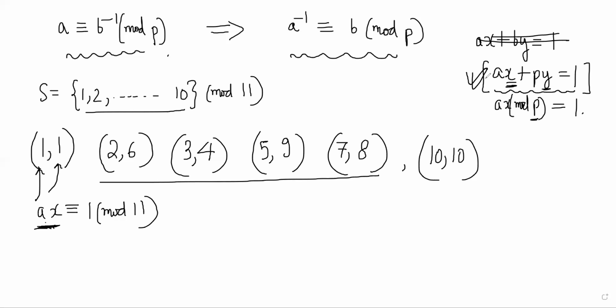But right now, what I'm trying to say is in this set, we can group together terms that are inverses of each other. If you group them together, you get a situation where there are some pairs which have different numbers and some pairs which have the same numbers.